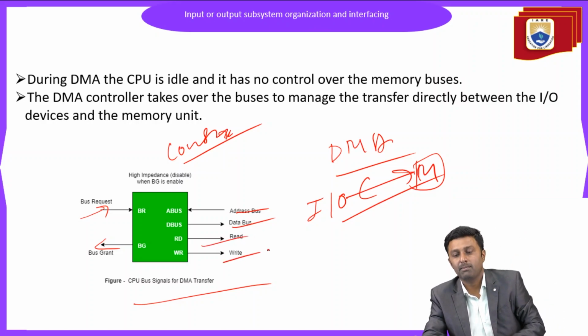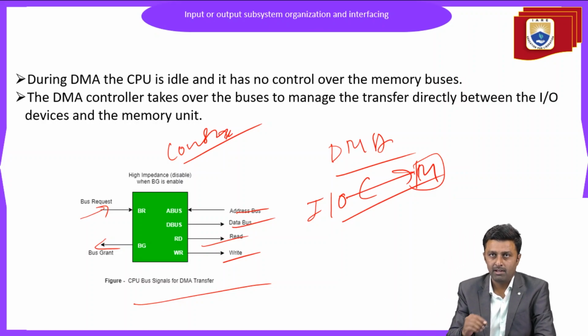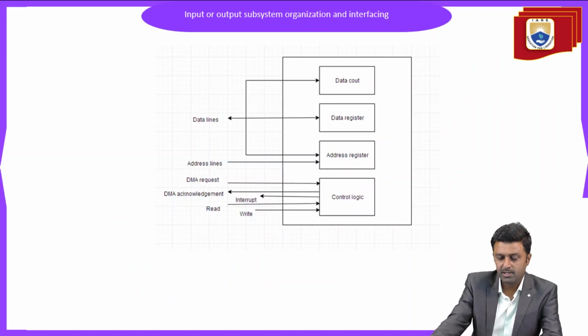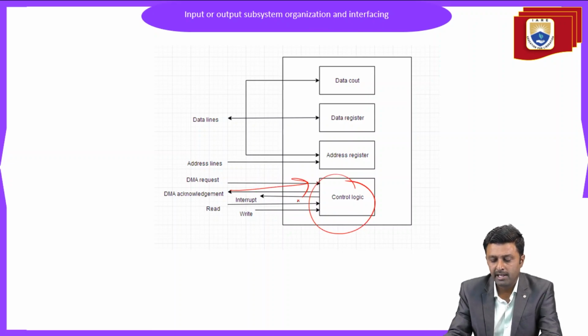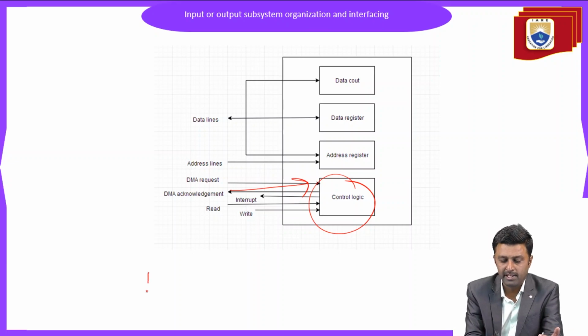In this diagram of the DMA controller, the CPU will be idle. The same thing is mentioned here. The DMA will request data transfer between the IO devices and the memory.